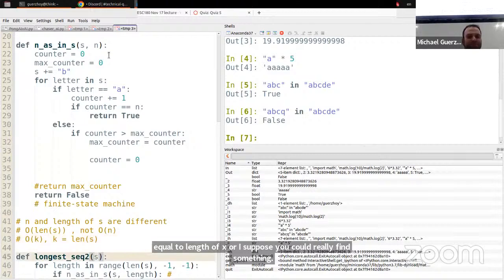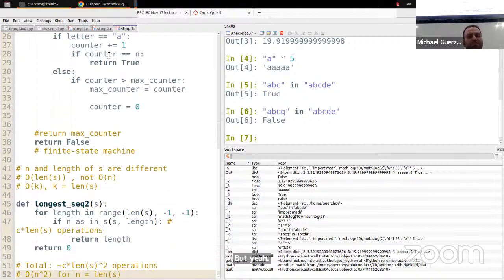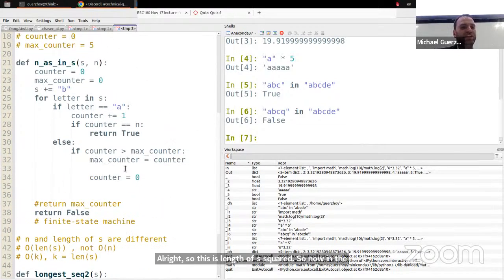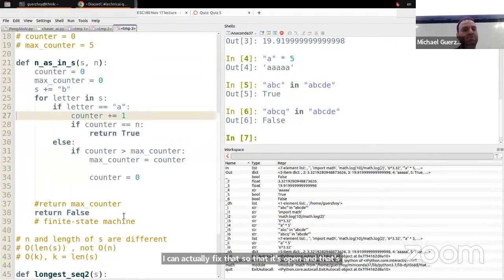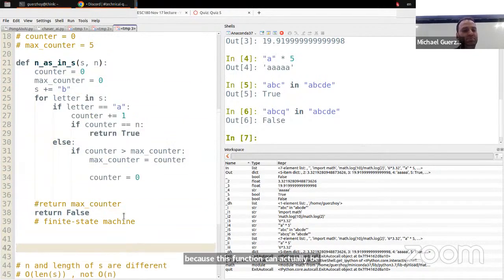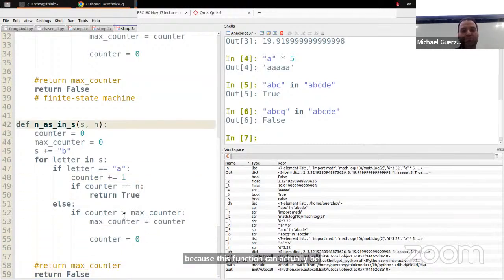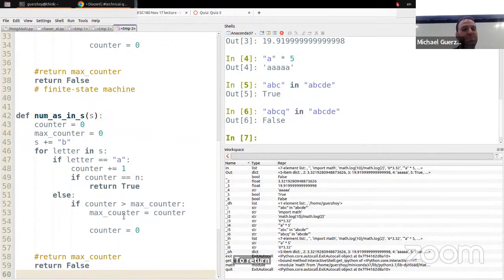All right. So this is length of s squared. Now in the 2 minutes that are left, I can fix it so that it's O of n. This function can be fixed to return the number of A's in s, because you can always just return max counter.